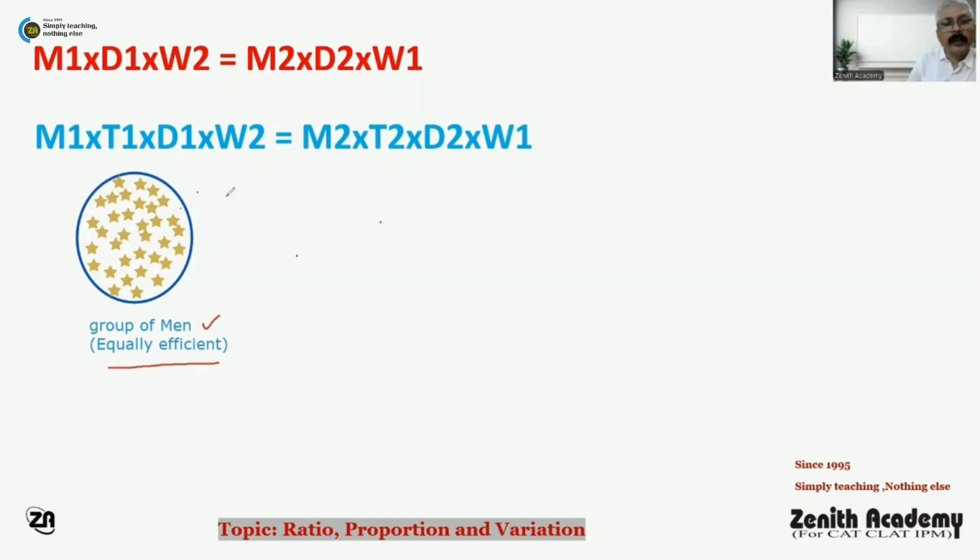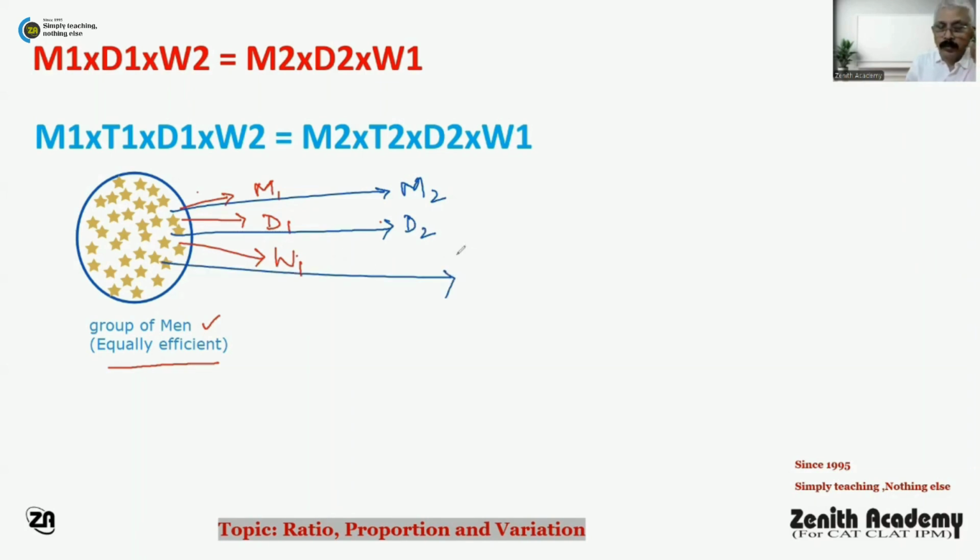So if I take M1 number of men from this group and they work for D1 days, in D1 days they finish work W1. So if I take M2 number of men from this group, and they work for D2 days, they finish work W2 in D2 days.